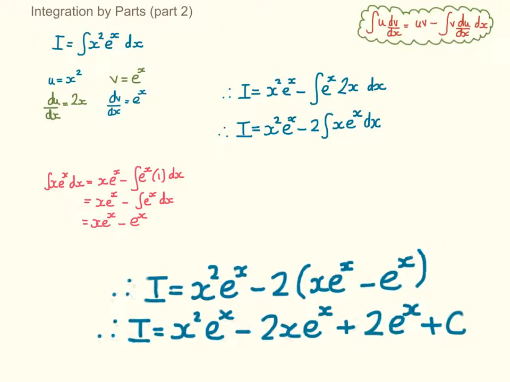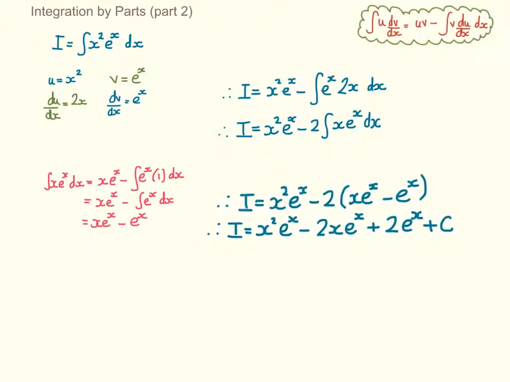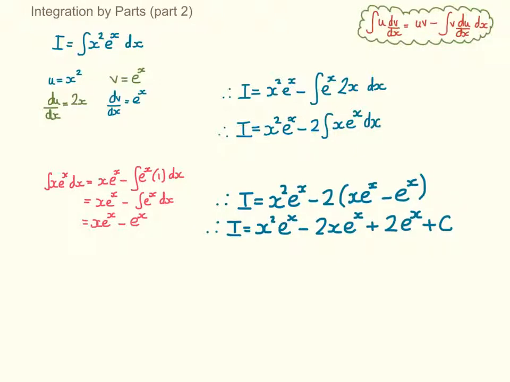Okay, that's it, done. That's about as tough as they become, when you have an integration by parts within integration by parts to get to your answer. So just be careful of that. If that second integral, when you substitute everything into the formula, is a product, just be wary, you are going to have to do integration by parts on that as well. It's not straightforward.